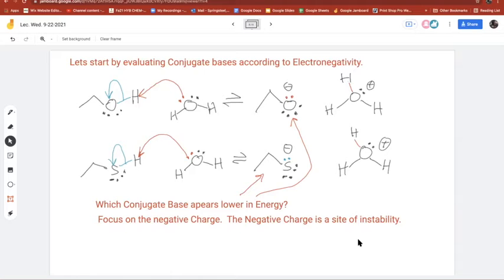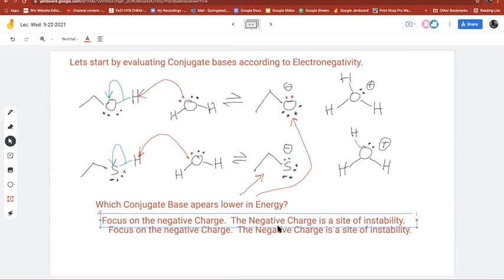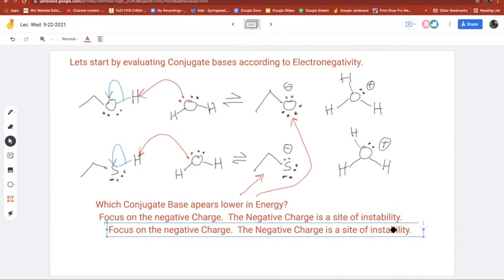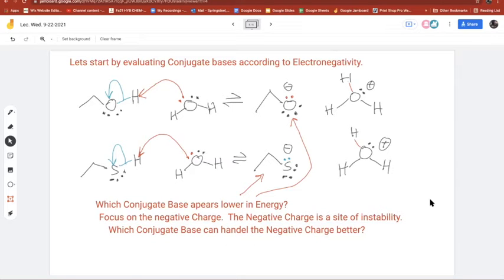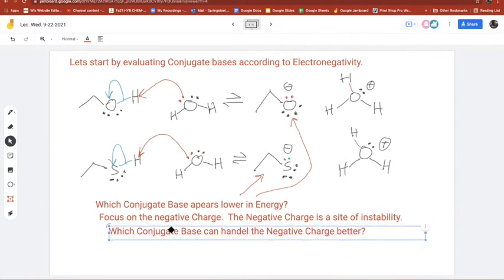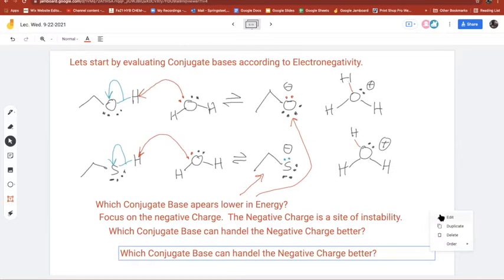The way I like to word the question is, which conjugate base can handle the negative charge better? So who do you think can handle the negative charge better, the oxygen or the sulfur? And this one's a bit complicated. I see some of you typing in the chat about it.